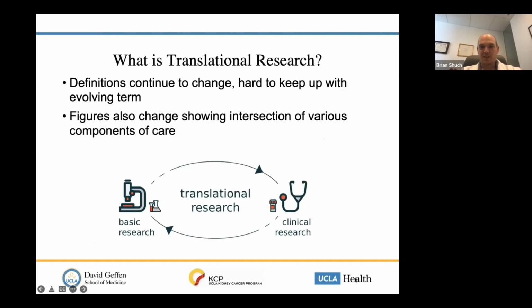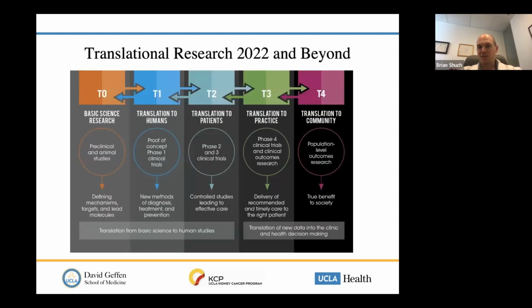But clearly, when I started, we just had this nice picture from an old talk, bench and clinical research, showing where translational research fell into place. But the figures have changed, and now there's these really large, expansive T1, T2, T3.